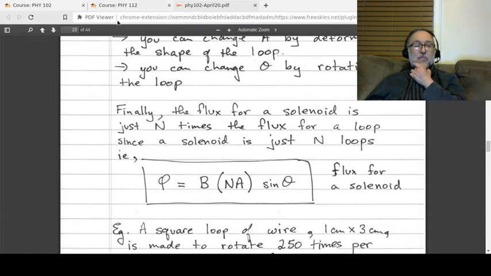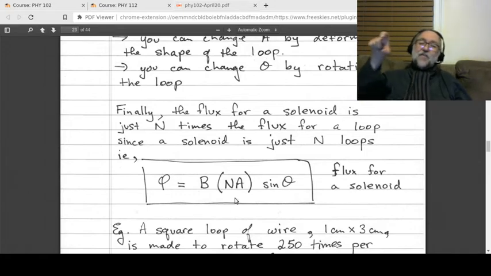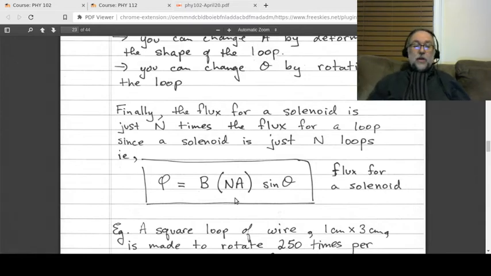One more equation before we start to do some problems. The previous equation that I gave you was actually the flux for a single loop. And what is a solenoid? A solenoid is n loops. You can think of a solenoid as having area A for each one of the n loops. So the flux for a solenoid is the magnetic field times n A sine theta, where n is the number of windings.